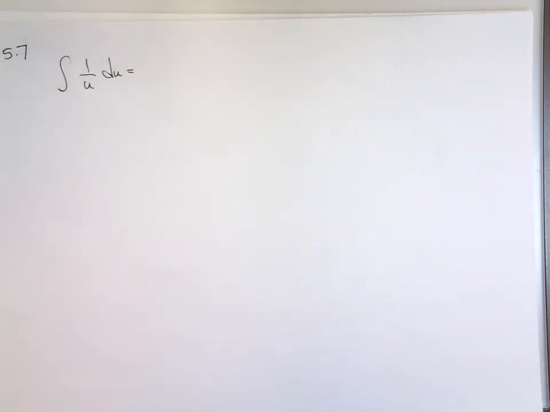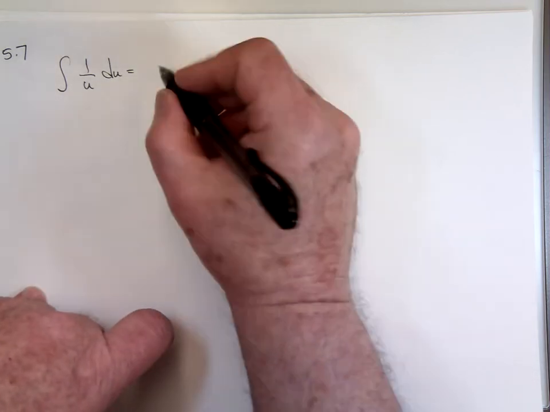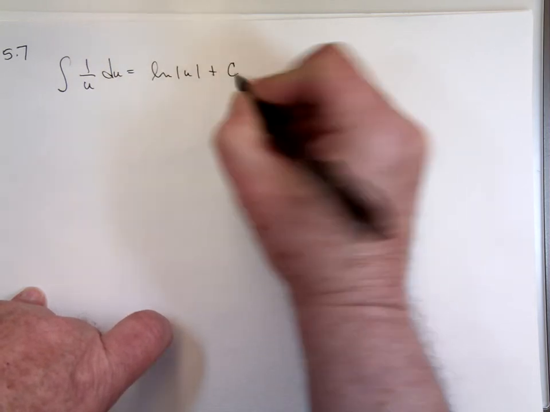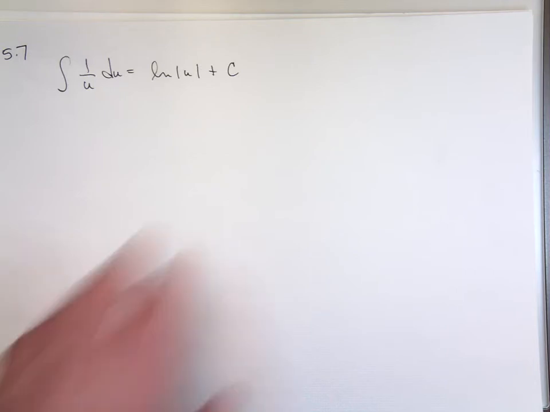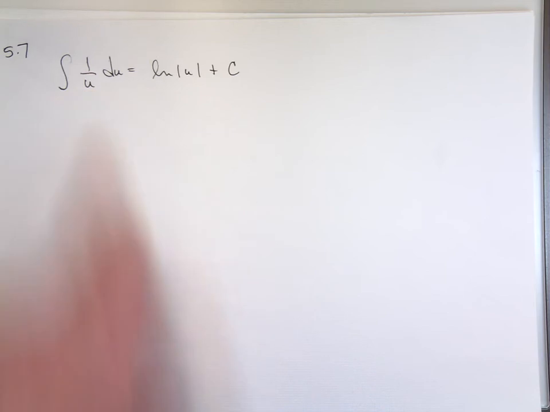We're going to use this to derive a couple more. The integral of 1 over u du is natural log, absolute value of u, plus c. That we already have. That comes right from Calc 1. We have the derivative of natural log of u is equal to 1 over u. What we're going to do now is use it to do some other integrals we haven't done yet.